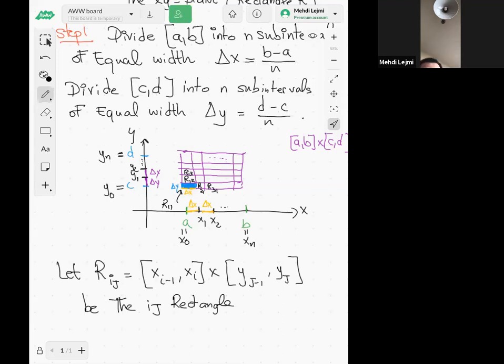What would be the area of this small rectangle? The area of the rectangle R subscript ij would be just delta x times delta y, the base times the height.